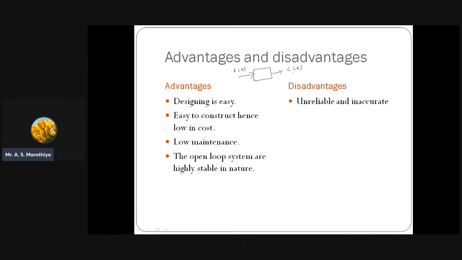So this C of t indicates its desired output. Now due to some reason, for example due to some disturbed signal which is developed in the system itself, and I told you that disturbed signals basically affect the performance of a control system, instead of generating C of t, now this particular system is going to generate C1 of t.